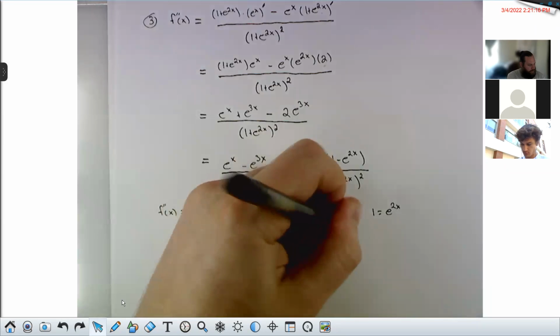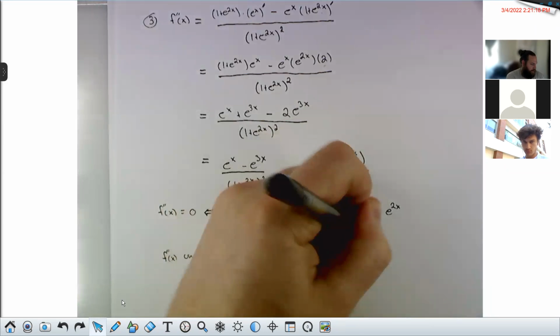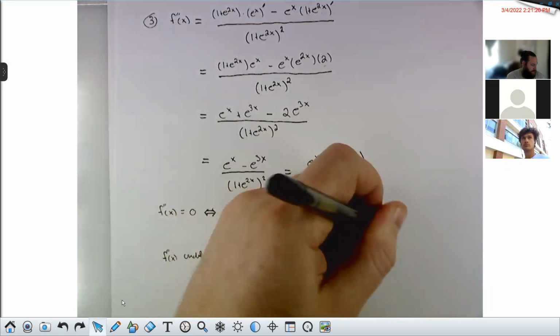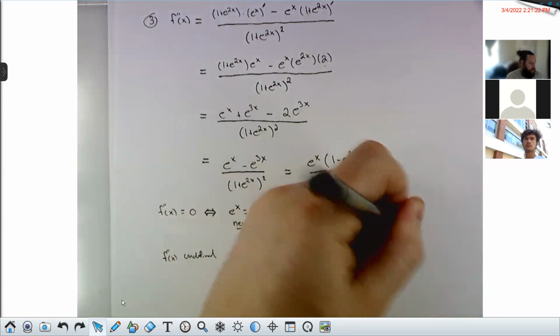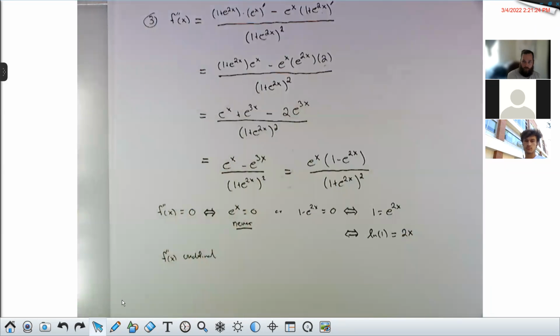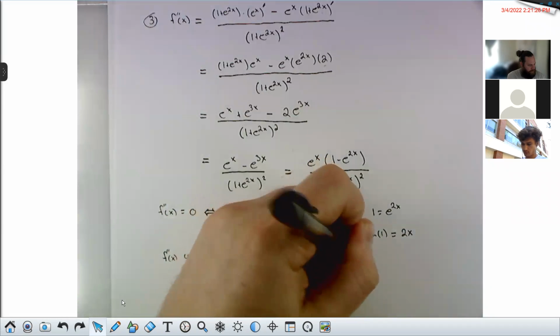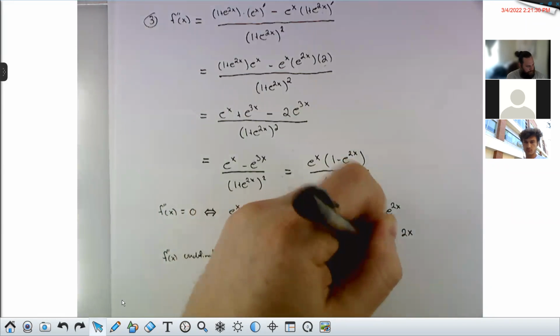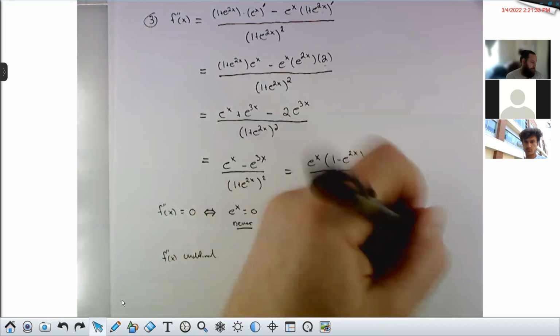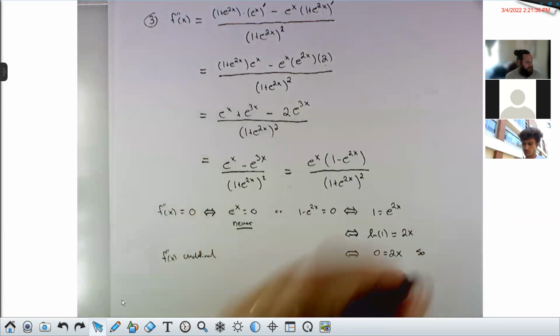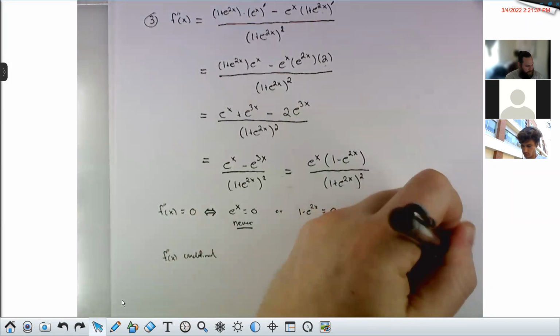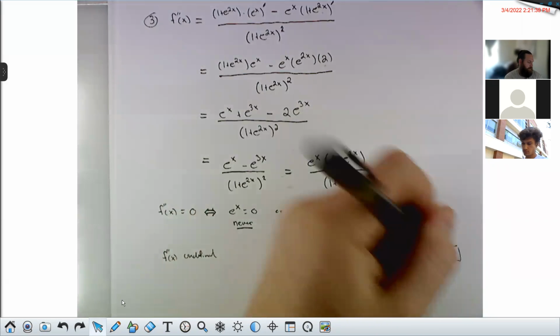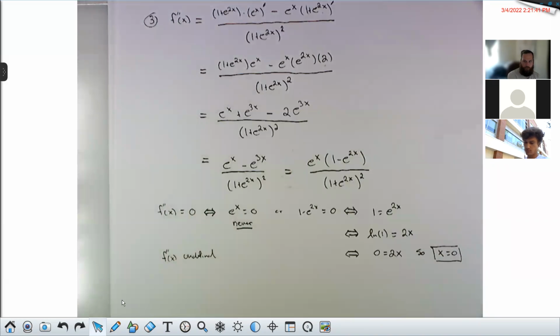If I take the natural log on both sides, I get the natural log of 1 is equal to the natural log of e to the 2x, which is just 2x. The natural log of 1 is 0. And then dividing both sides by 2, you get x equals 0 here. Okay, so there is something that happened. Fine.